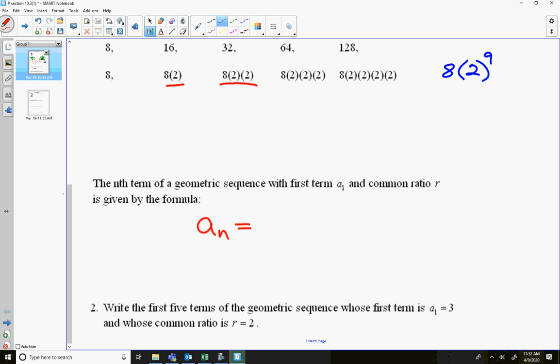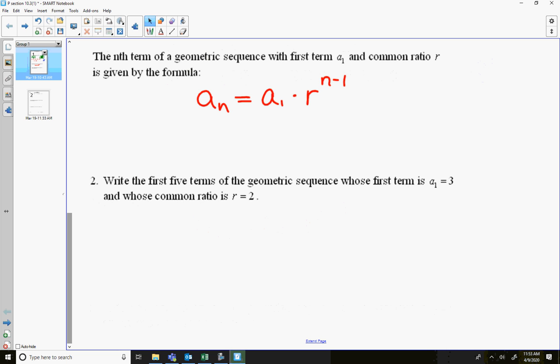The nth term of a geometric sequence will be our first term times that common ratio to the power of n minus 1. So don't confuse your formulas. You have to know whether it's an arithmetic sequence versus a geometric sequence and use the correct formula.